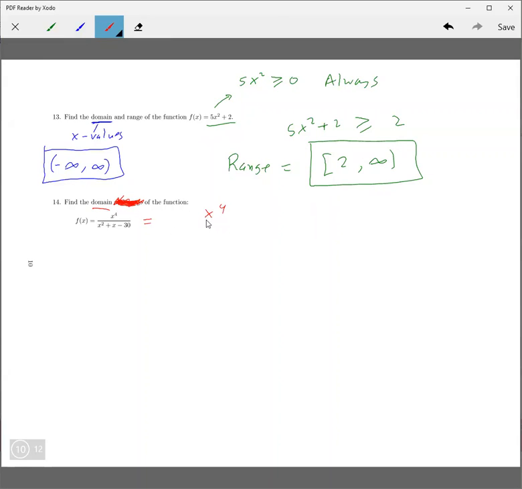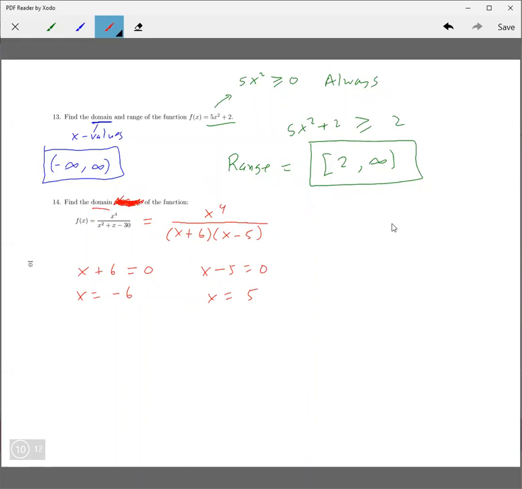Now, you can factor the denominator like that. And if you take the denominator and you set each of these equal to 0, you get -6 and 5.